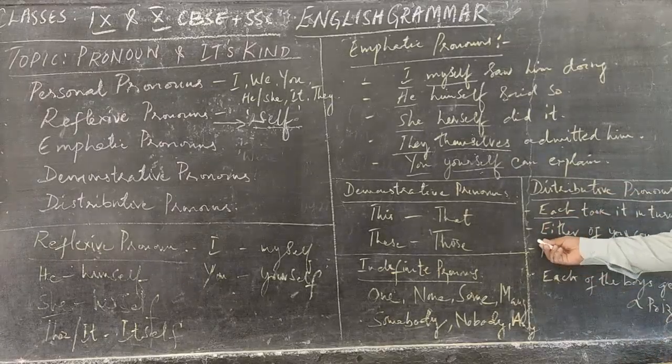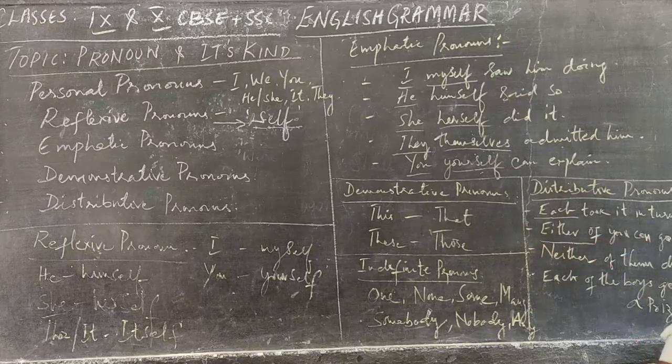Now the other one is either. Either of you can go. Among two, either of you can go. Some pronounce this word as 'either', and both are acceptable.